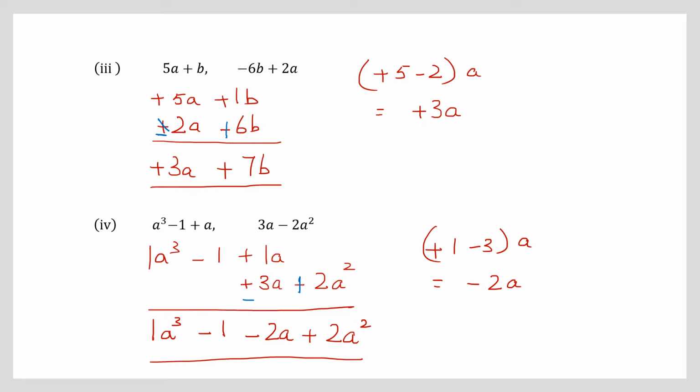Moving on to the next one. p plus 2 and 1. Okay, so we just have p plus 2 and we put 1 below this. Let's write down what was missing. Plus 1. Here also I have plus 1.